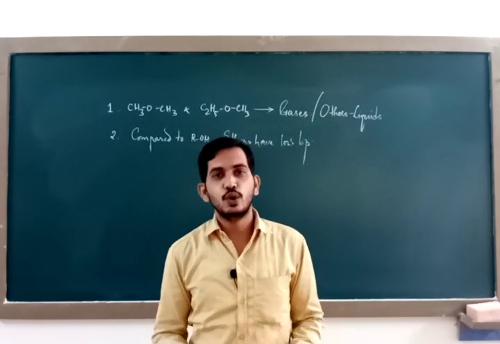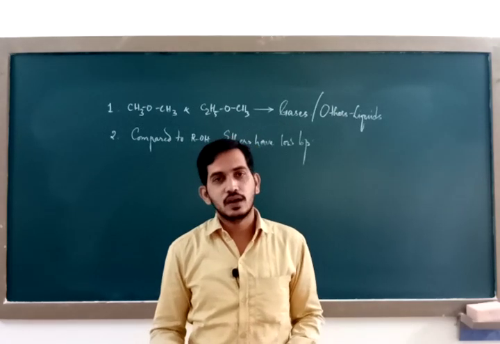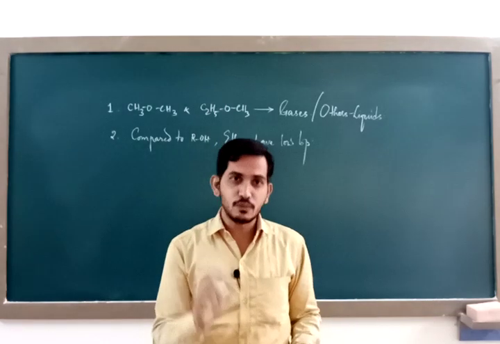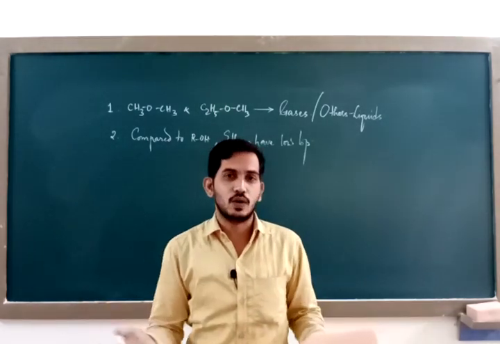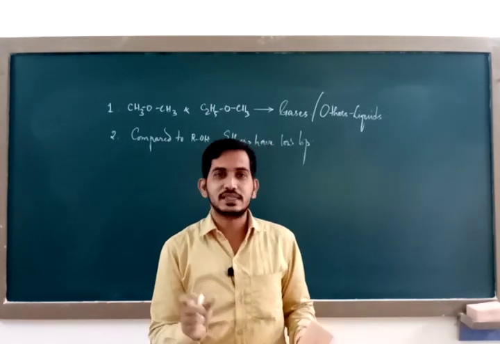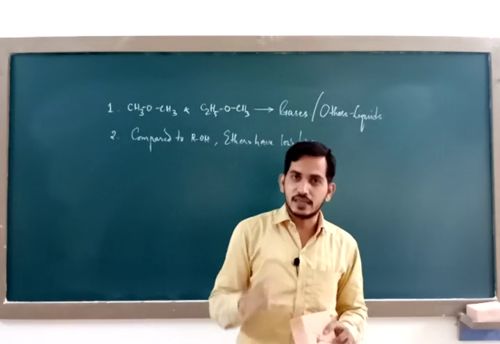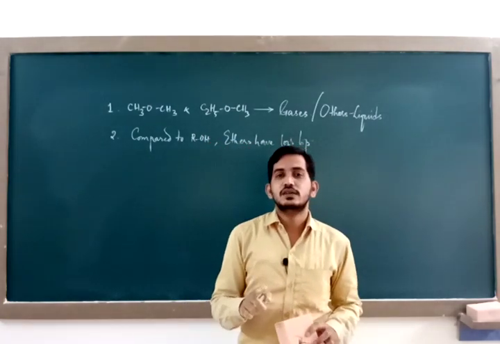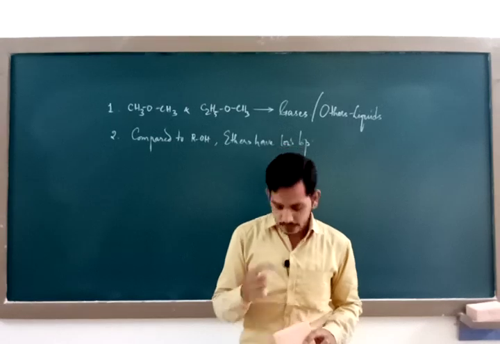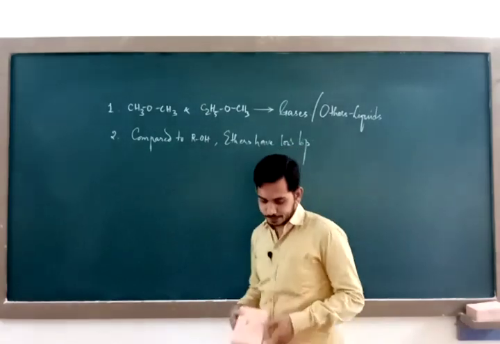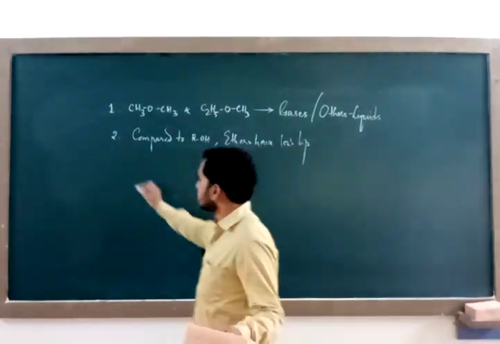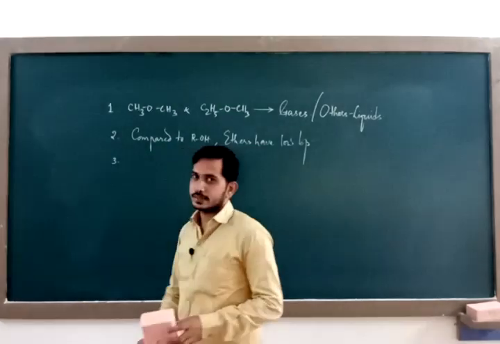Ethers have a lower boiling point than alcohols of corresponding molecular mass, not any other random alcohol. If you consider alcohols of the same corresponding molecular mass, then their boiling points will be higher than that of ethers. Then the third property, I have told you about the structure of ethers.